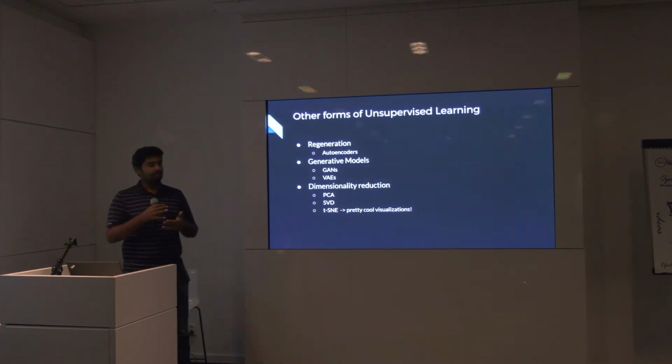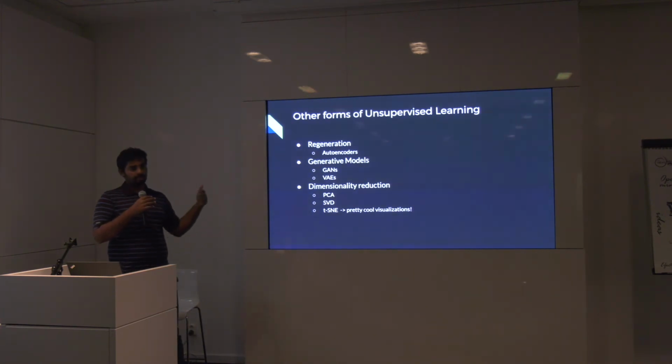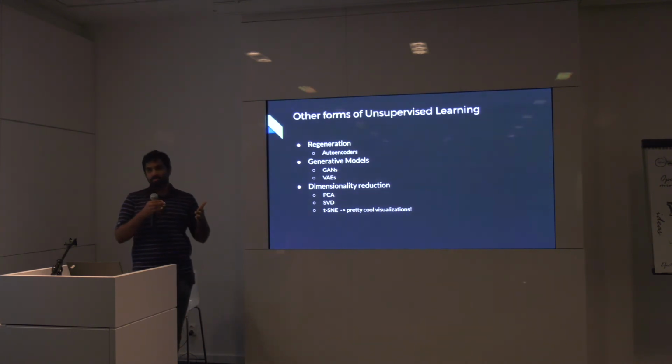If you think about it, these models can do the dimensionality reduction only because they understand there's something interesting in the data set, and they can say, okay, these parts are interesting, these parts are not interesting, so I'm going to throw them away. So dimensionality reduction is another way of unsupervised learning.